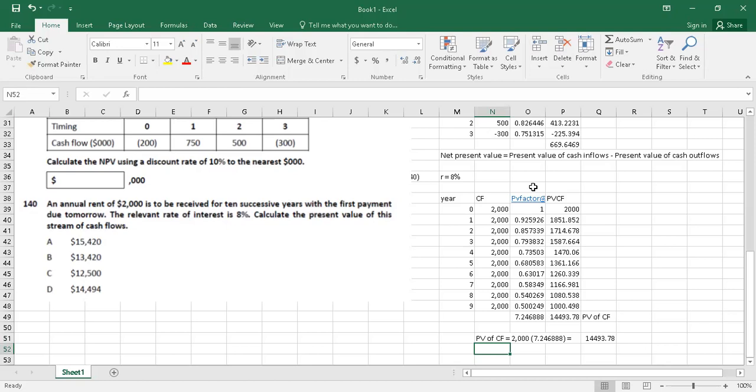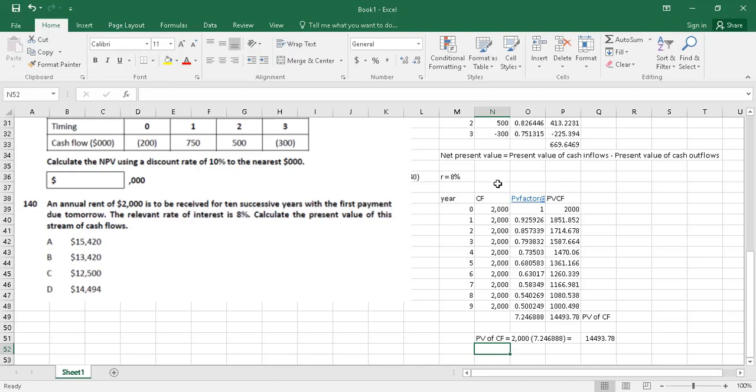One is present value factor, second is present value annuity factor, then future value factors, then future value annuity factors. So annually, if it is the same thing, we can take the nine periods annuity value, add 1, and multiply the entire thing by 2,000.